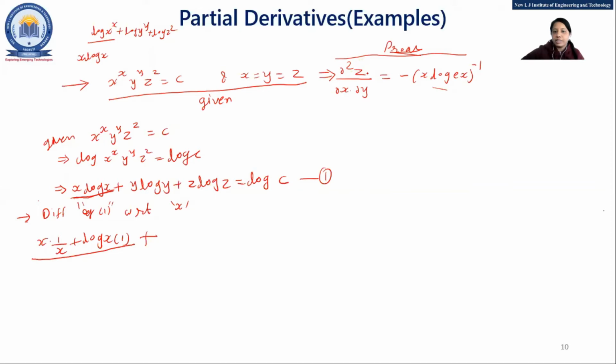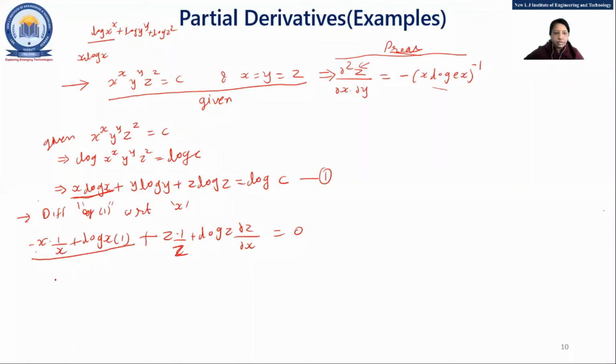Because here you can see del square z; we are supposed to differentiate the function given in terms of z. So we are not going to consider it as a constant. That is the main thing I want to convey. So z into log z: z into 1 upon z plus log z into del z upon del x, equal to log c, again a constant, so 0.